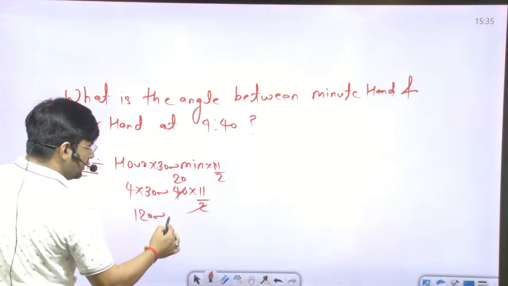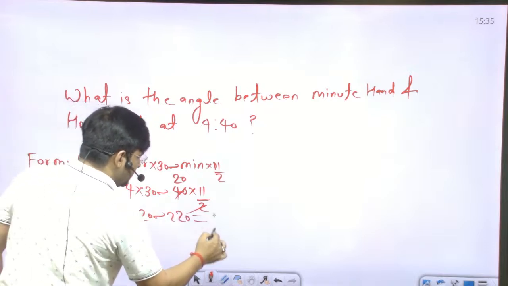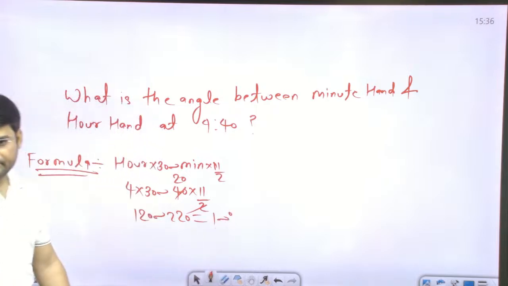And the difference of 220 and 120 is 100 degree. 100 degree is the correct answer. Is it clear?